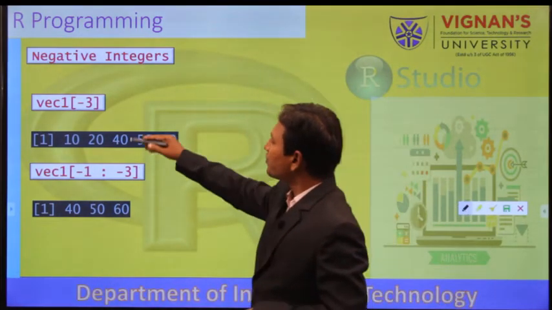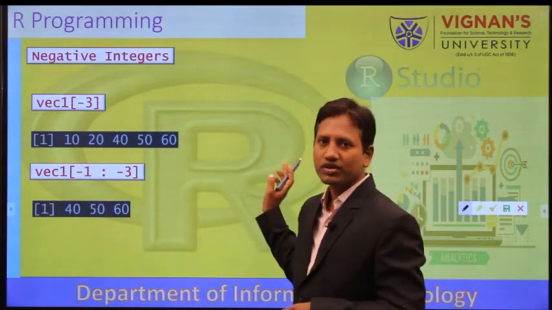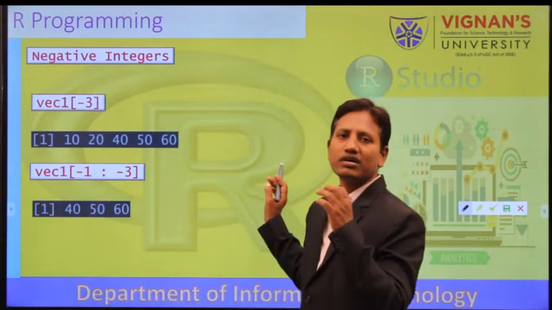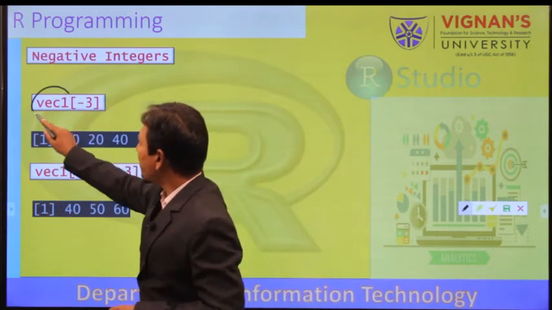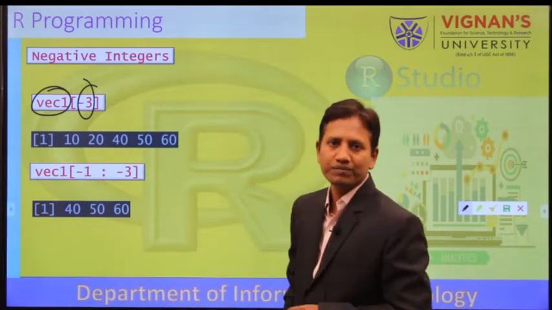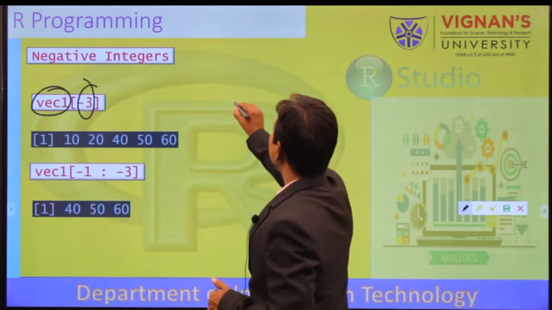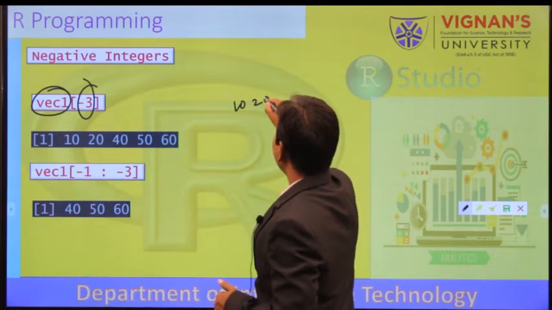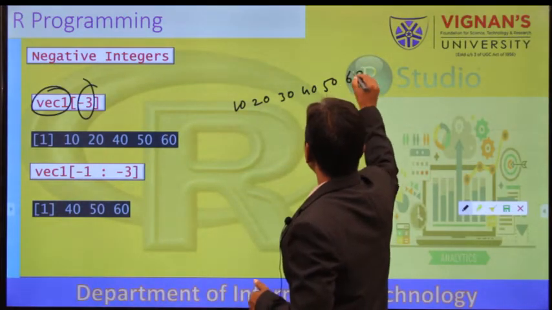For this one, we are going to use the same vector where we have 6 values. And what I have done here, the vector name I have written, and I said that -3. And what was our vector? Our vector was with 10, 20, 30, 40, 50 and 60.